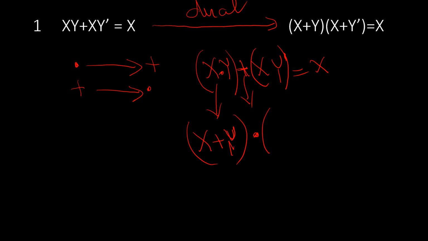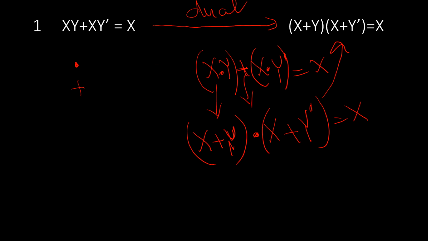And the AND operation in the second term will be x or y prime, or y complement, is equal to x. In this way, we are getting the dual. Clear? So now I need to prove these two theorems and show why they are valid. Let's prove the first part of the theorem.